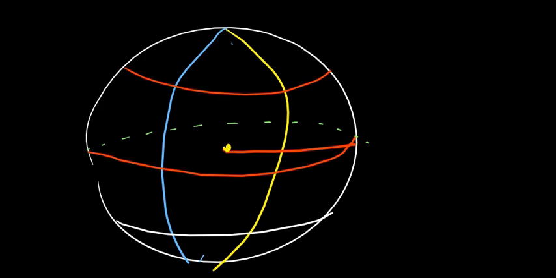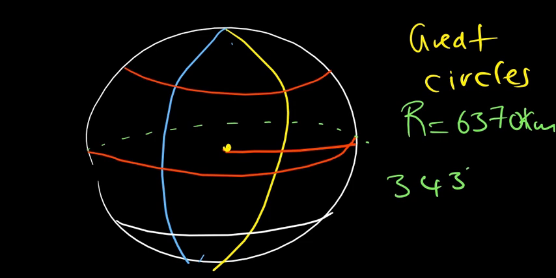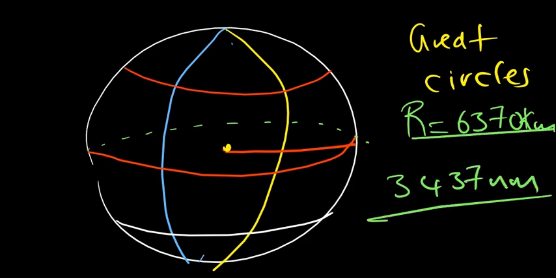What's key about all the great circles is that their radius is equal to the radius of the Earth. The radius of the Earth is 6,370 kilometers, which is also 3,437 nautical miles. So all the great circles have this radius.